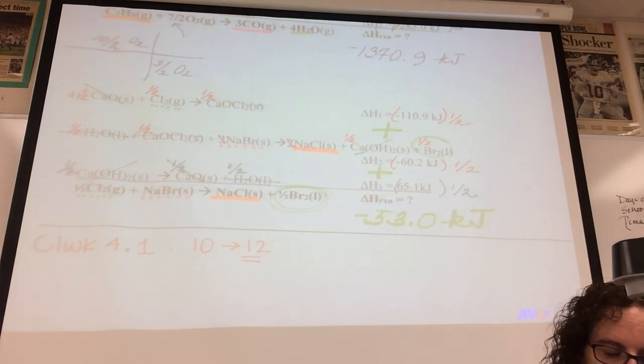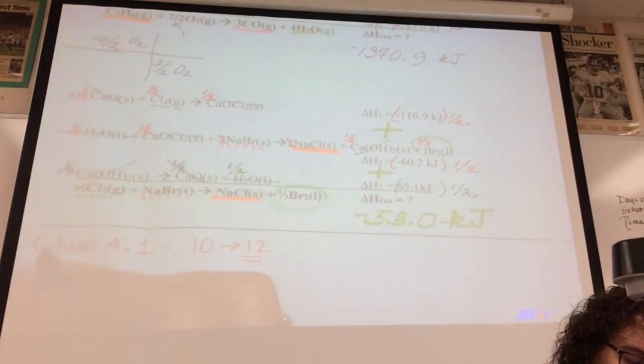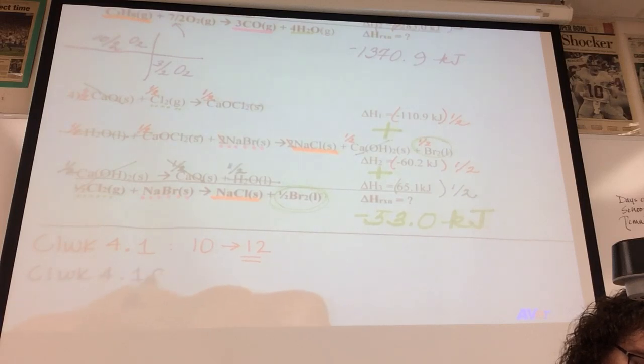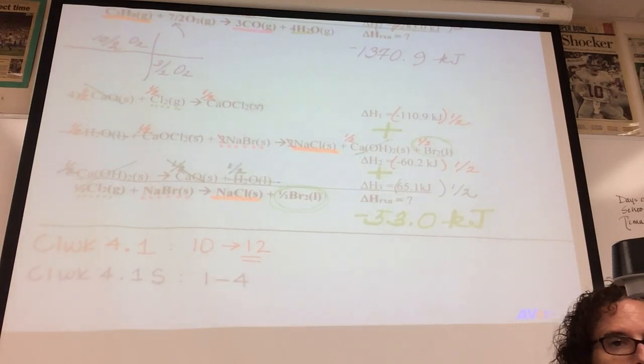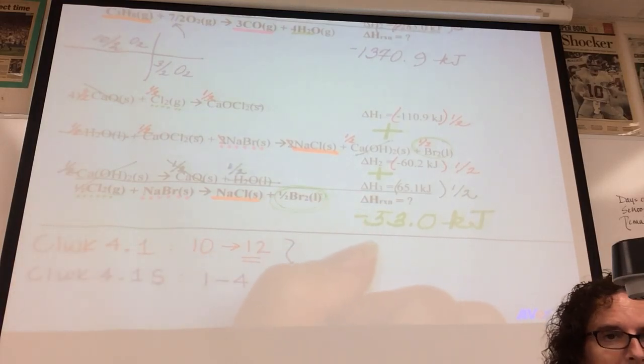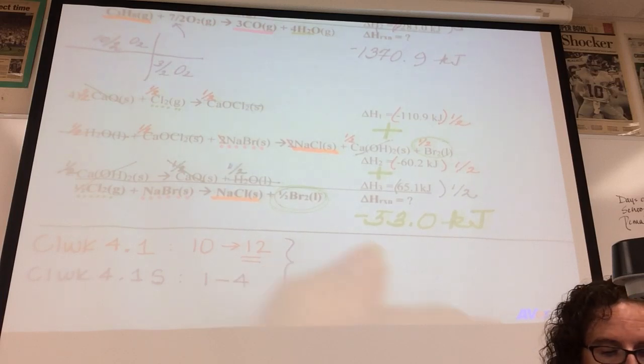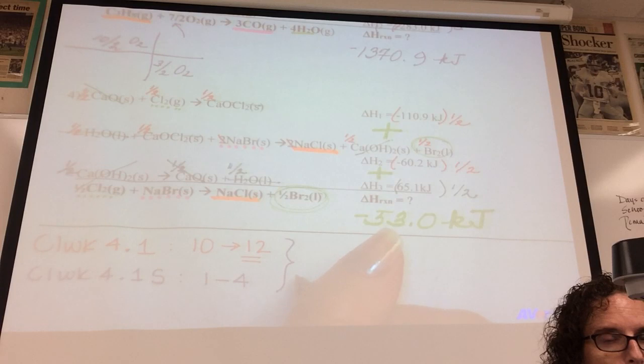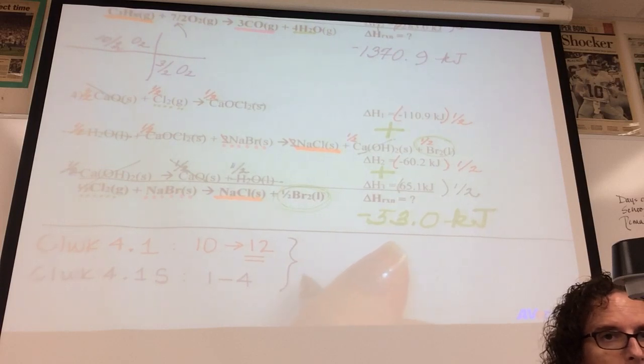Kids told me in a previous year that they needed more practice on this, so I have generated this classwork for you. You want to do 1 through 4. The answers are on the back of the sheet, which I'll give you now. This will be assessed on your exam, which I believe is scheduled for late next week. But your quiz only goes through enthalpy determination like we did yesterday.